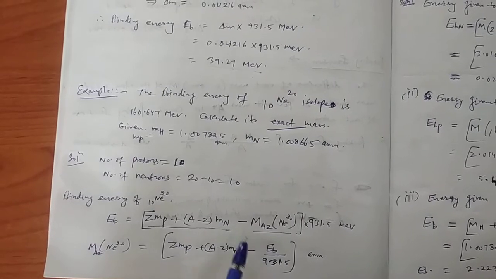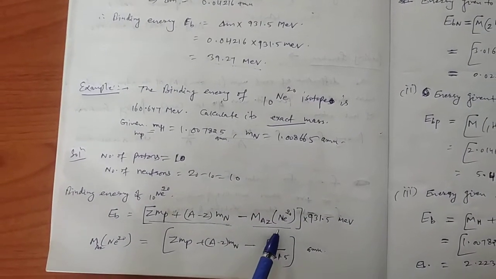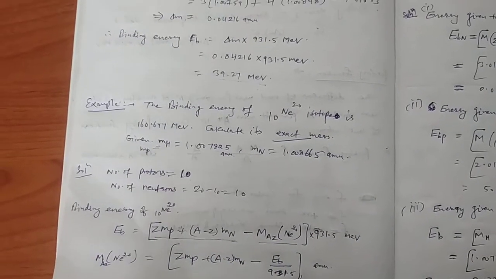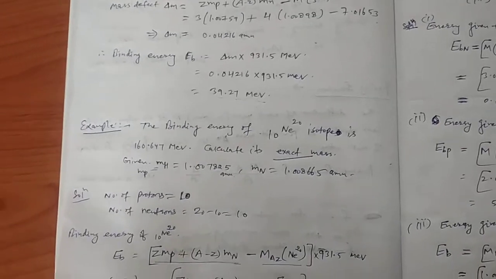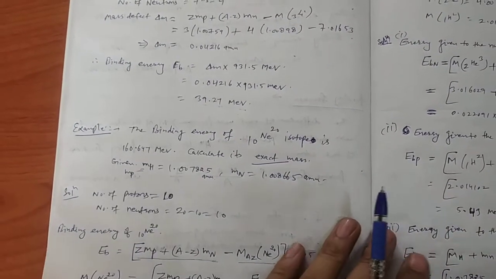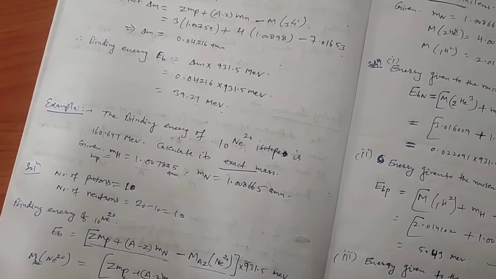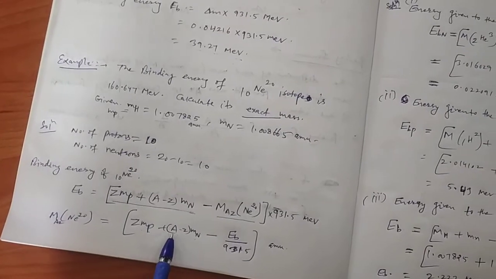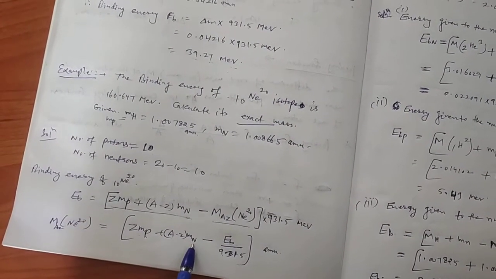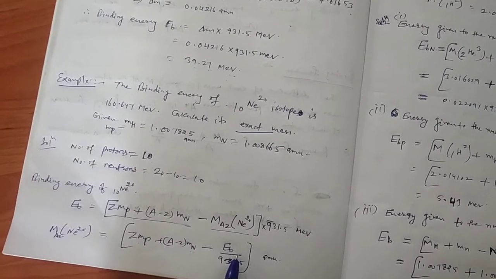So to calculate the exact mass, we took M(A,Z) on this side and the remaining part on the other side. So Z times MP plus (A minus Z) times MN can be calculated in this way. Z is 10 and MP is the mass of proton, and A minus Z is the number of neutrons, which is equal to 10, and MN is the mass of neutron, and EB is 160.647.